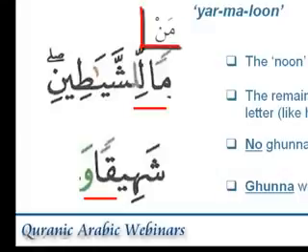So the first example again, we've just put in, instead of the fatatain, just written it in as if it's man, just to show that the fatatain actually equates to a hidden noon sakin. Okay, and then when you apply the idghaam, you effectively drop the noon sakin, so you end up with ma, and that joins to the lam with shadda, mali.